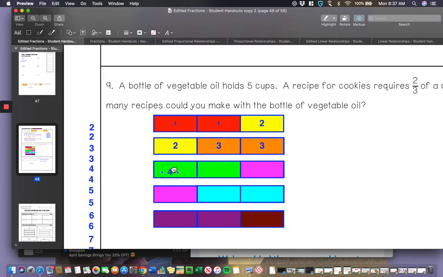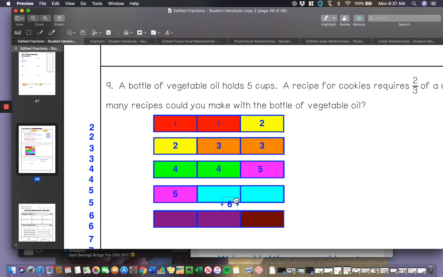Now, you might ask yourself, why am I writing these numbers in here? Well, the numbers represent the servings. The colors represent how many portions I need of oil to make a whole batch of cookies.